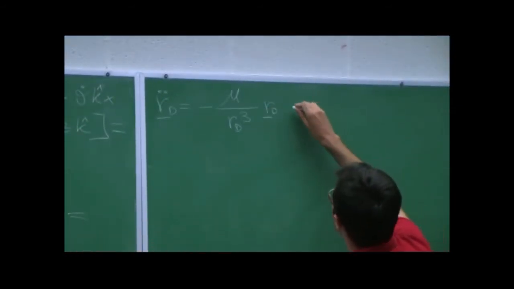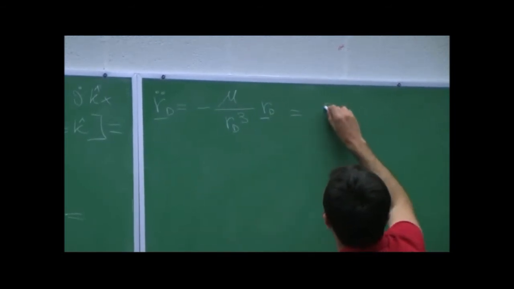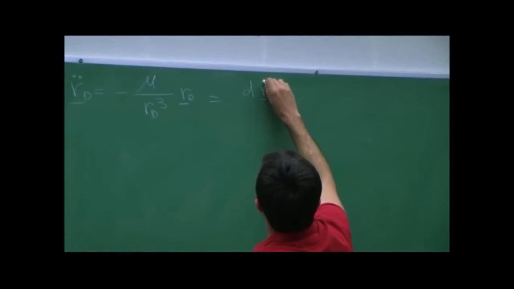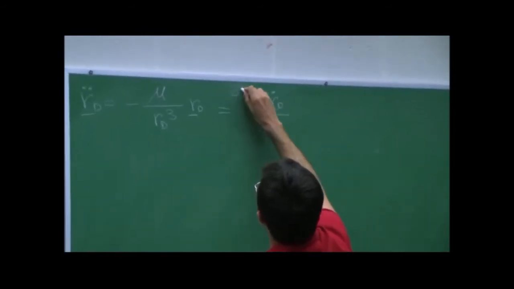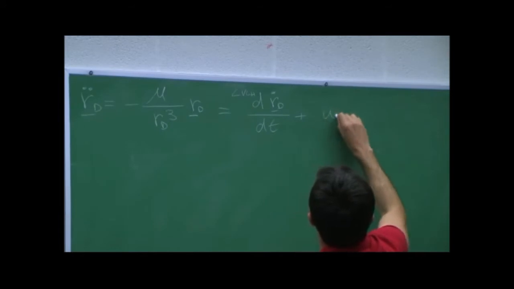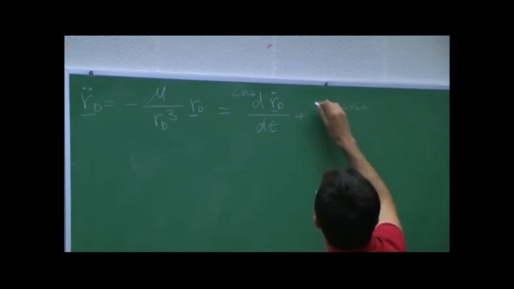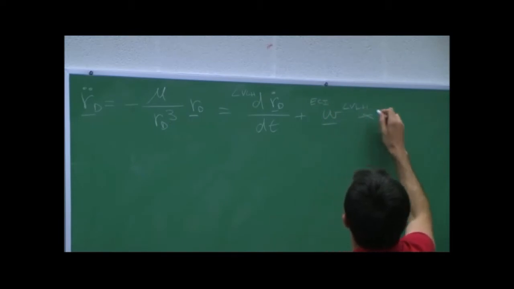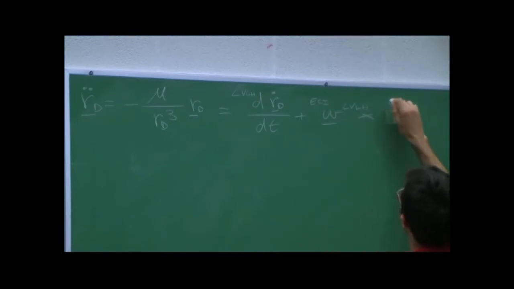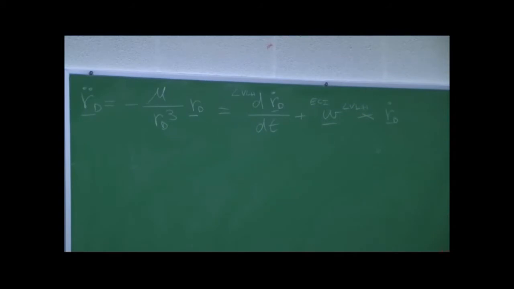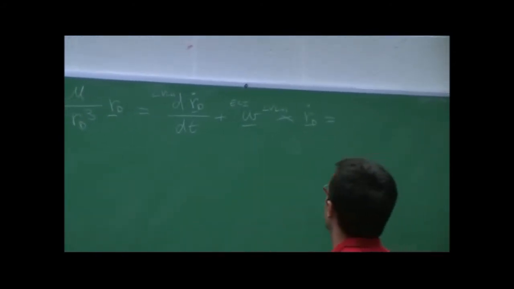Well, it is also equal to, same story, the rate of change now of RD dot with respect to LVLH plus the angular velocity of LVLH with respect to ECI crossed with RD dot. And I don't know if I want to do all the steps which I have in my notes, because it's pretty tedious. There's nothing special about this. It's doing that with more vectors. So we can start, and then I'll give you what it looks like, and then we'll make some assumptions, because that's the point where we can make some assumptions for the Clohessy-Wiltshire equations that we'll derive.